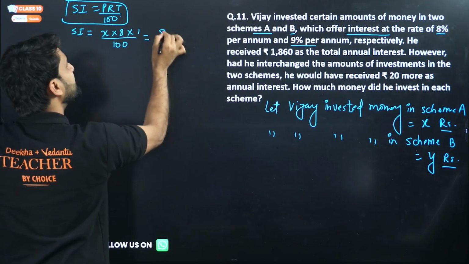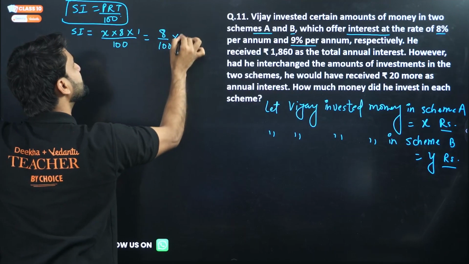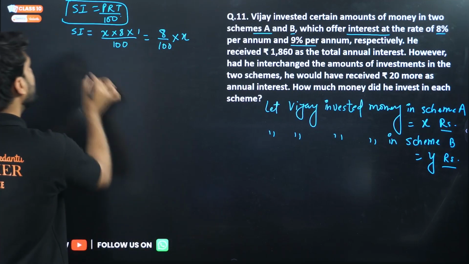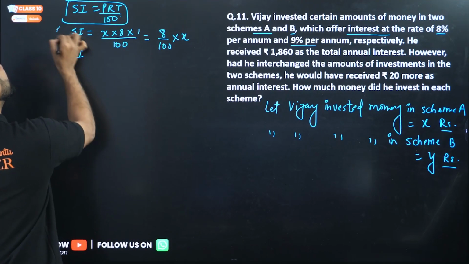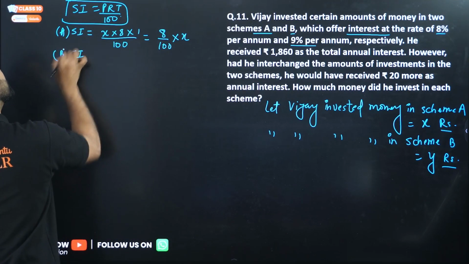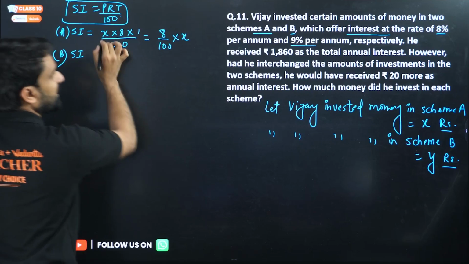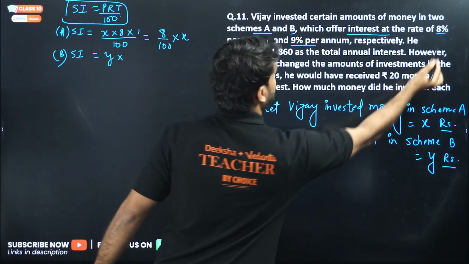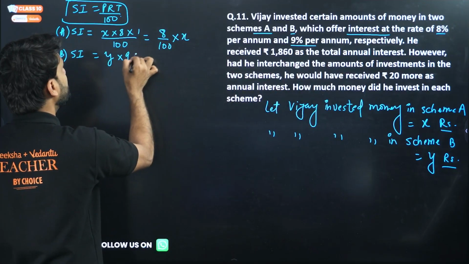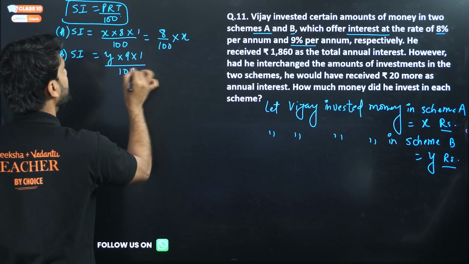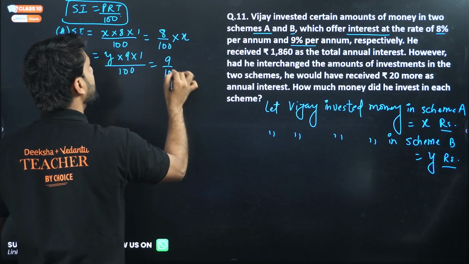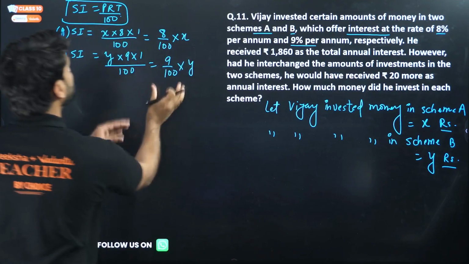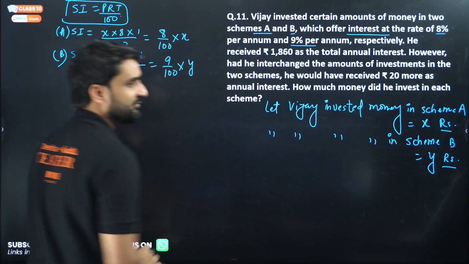So can we write this as 8 by 100 into X for first scheme A, and similarly this of scheme B. So this will be Y into how much percent? At the rate of 9%. So 9 per annum, so this will be 1 divided by 100. So can we write 9 by 100 into Y? Hope it is clear. And the sum of these two will be equals to 1860.